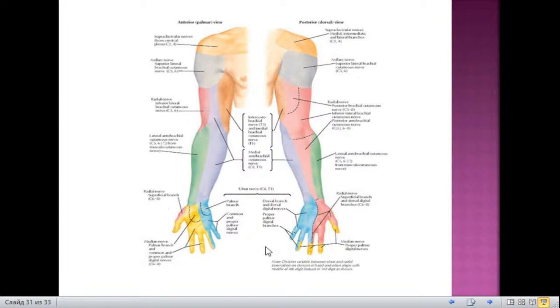And the skin of the hand is supplied by three nerves: radial, ulnar, and median nerve.